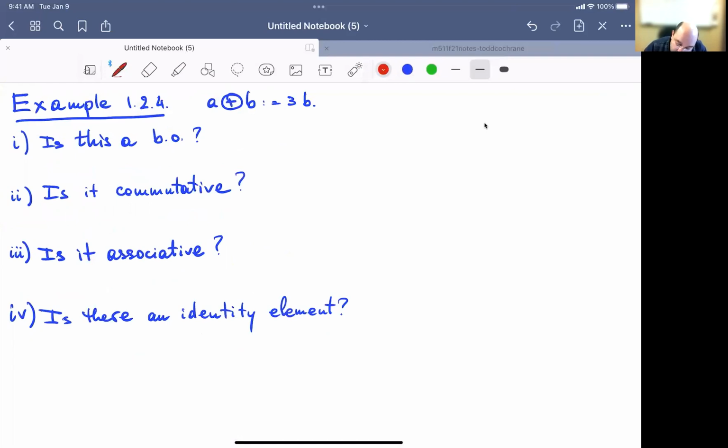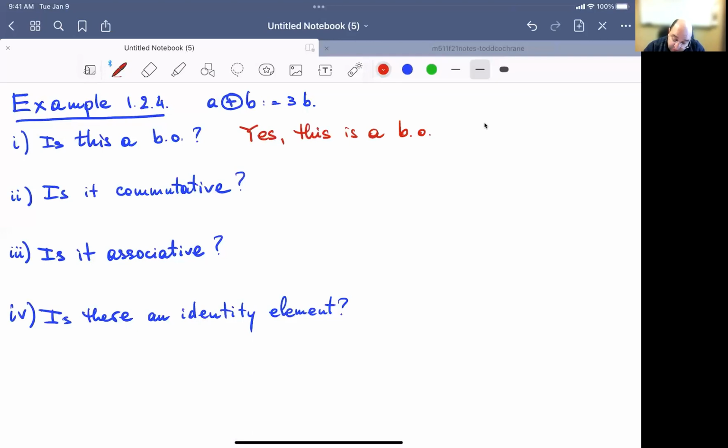Yes, this is a binary operation. That's quite easy to see because 3 times b is also an integer.